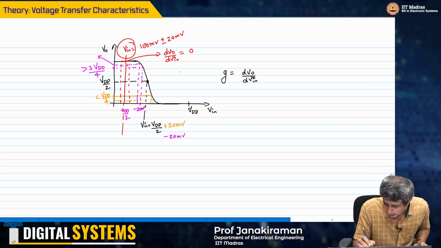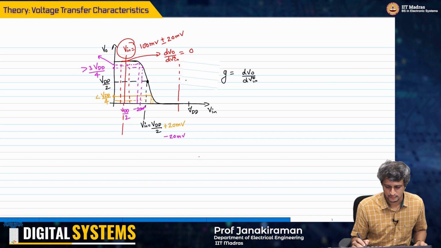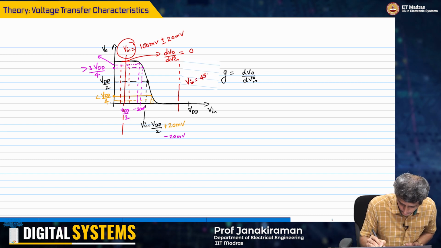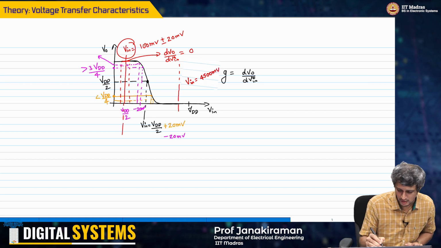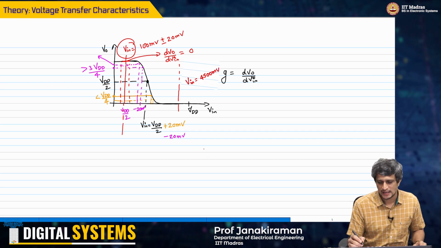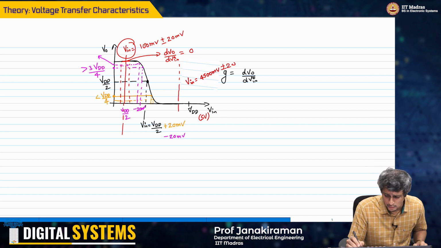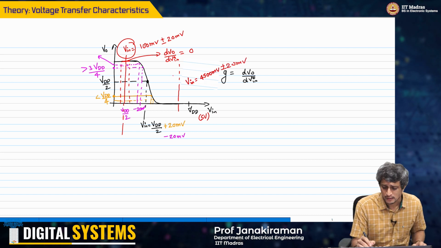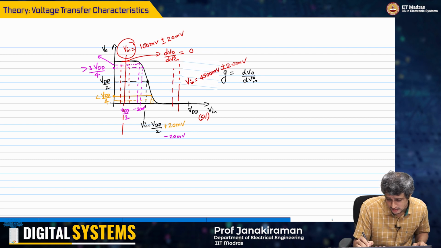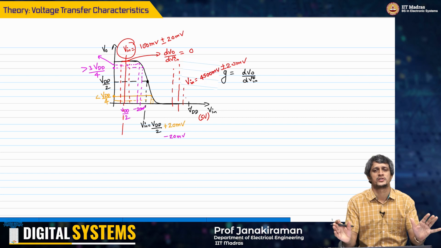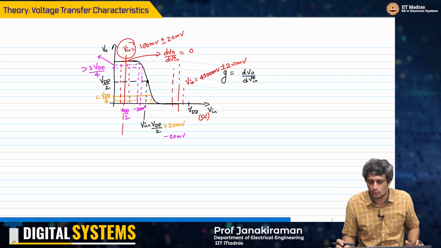Likewise, if I had operated my Vin here, close to, let's say VDD is 5 volt for example, plus minus 20 millivolt will not matter because on the voltage transfer characteristic the output will still remain at 0 volts, at least nearly 0 volts.